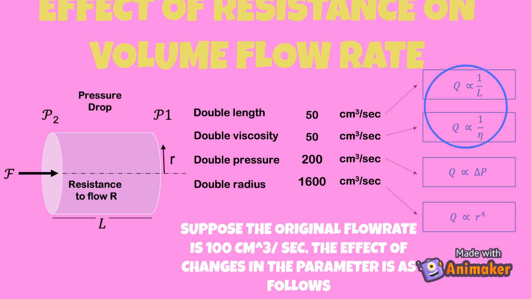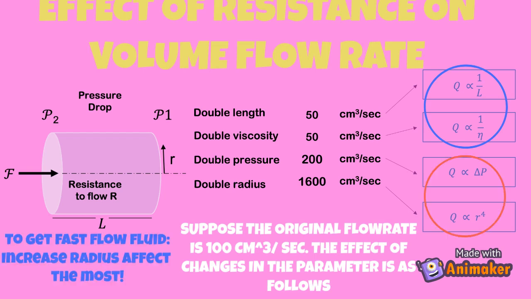If we double the pressure and radius, the flow rate will increase because they are directly proportional. By the way, when you want to get a fast flow rate, just increase the radius the most because it's powered by 4.